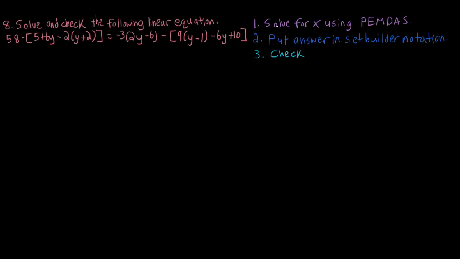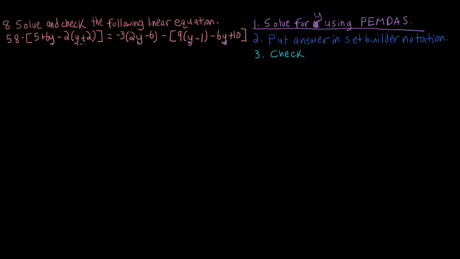So step 1, we just want to solve for x using PEMDAS. But actually x isn't right. In this equation, y is the variable, so we want to go ahead and solve for y.